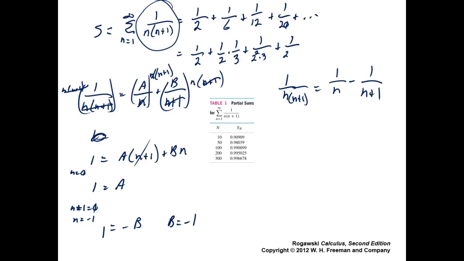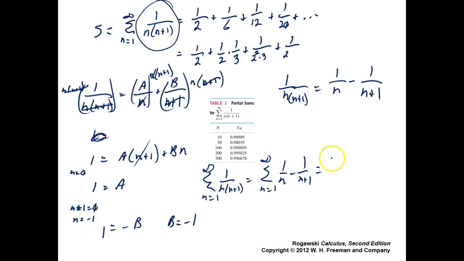Now, let's do the sum now. The summation, ooh, that's ugly. The sum from n equal 1 to infinity of 1 over n times n plus 1 will be the same as the summation from n equal 1 to infinity of 1 over n minus 1 over n plus 1, right? We just showed that, right? So let's do that summation. Okay?